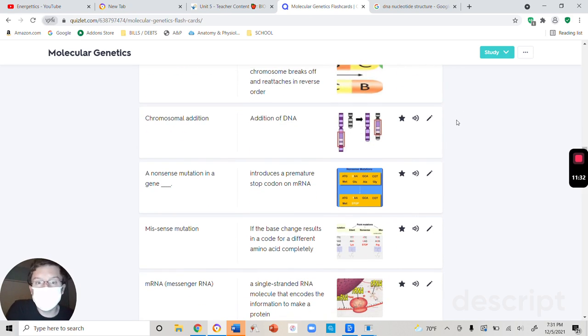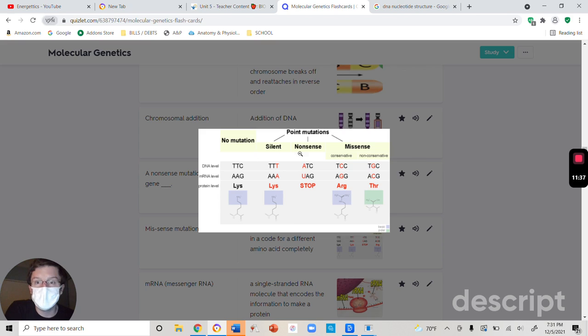A missense mutation is when we get a different thing entirely. So for example, in this first one, we had a TCC resulting in an arginine, but in this missense mutation, we changed it from a C to a G. So there was some kind of mistake that caused this C to turn into a G. And now we end up with a completely different amino acid than what we were intending for.